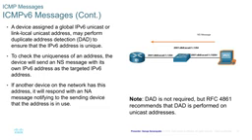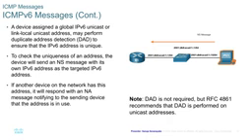A device assigned a global IPv6 unicast or link local unicast address may perform duplicate address detection, or DAD, to ensure that the IPv6 address is unique. So once that information has reached PC1, it's going to use duplicate address detection to ensure that the IPv6 address it has right now is unique to that network.